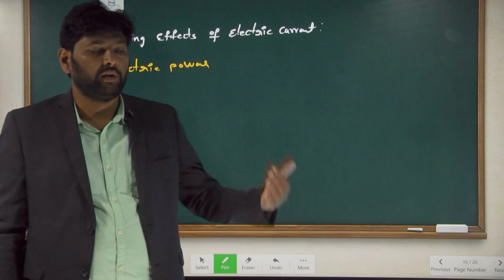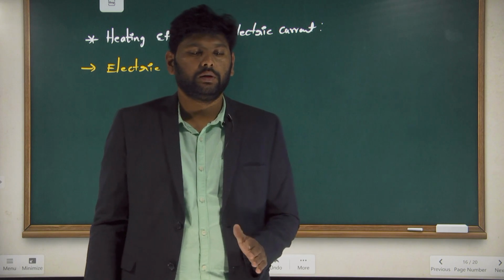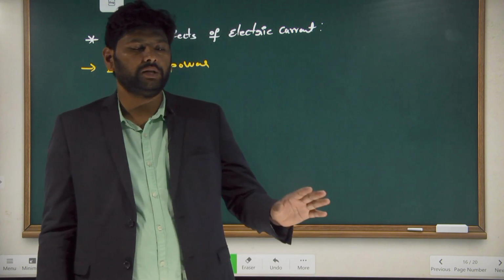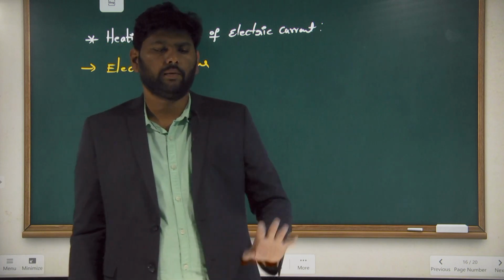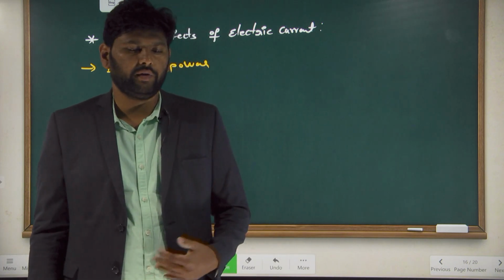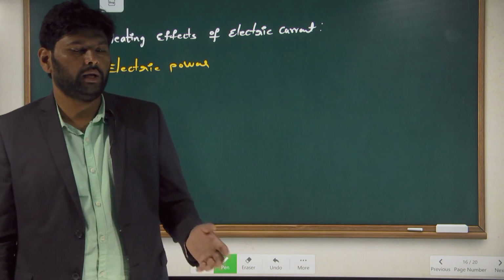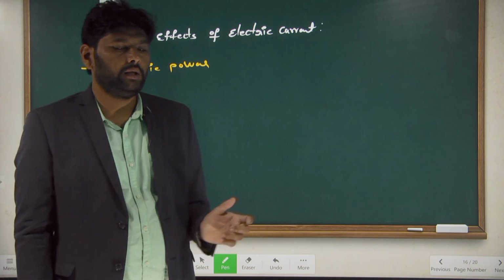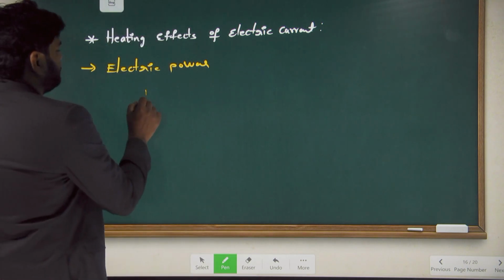In the case of electricity, it is called electrical power. So in different branches of physics you have different powers, with different formulas and different concepts. But in electricity, power is the work done per unit time.